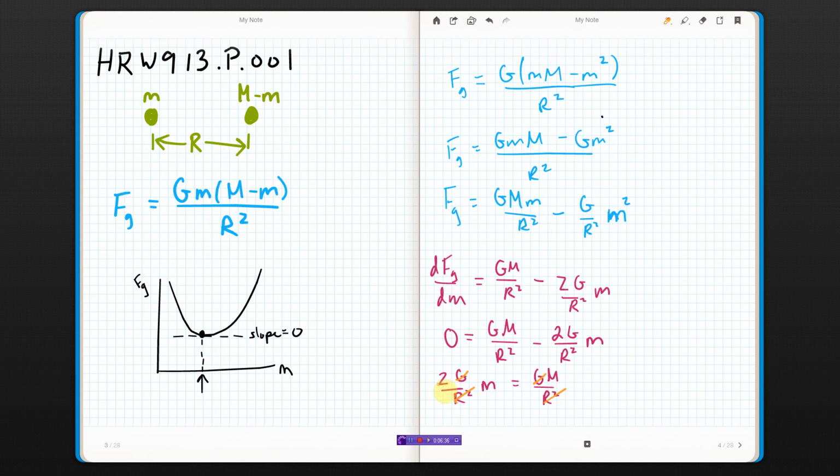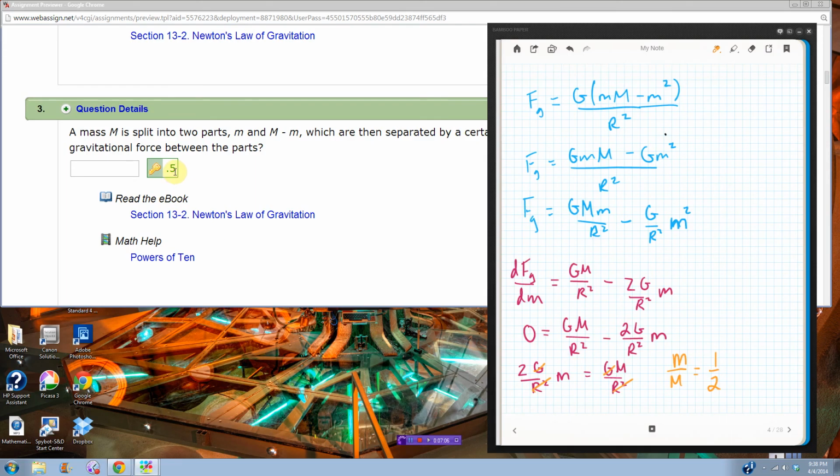So what I really have is 2 little m's equals 1 big M. So if I divide both sides by big M and then divide both sides by 2, I end up with little m over big M equals 1 over 2. So the ratio is 1/2 or 0.5, and that is exactly what the answer is.